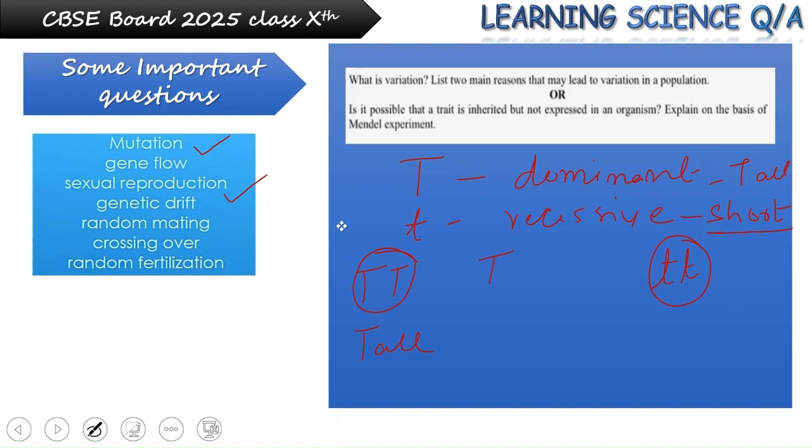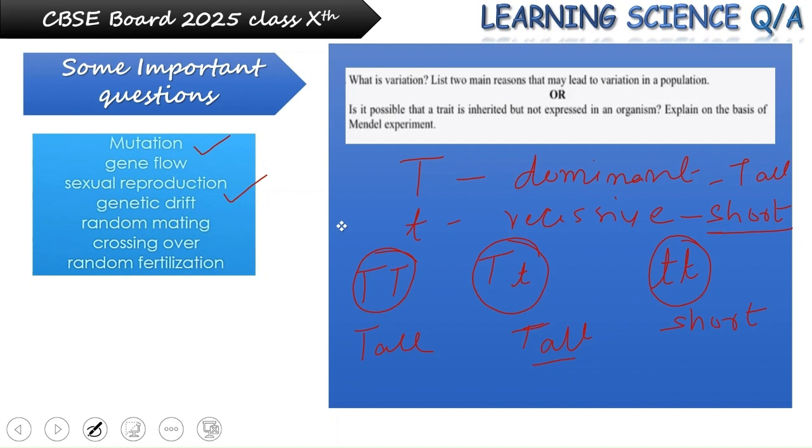Also, there is one more case, where one capital T and one small t are present in one individual, and this individual will definitely be a tall one because we have already discussed that capital T will be expressed irrespective of its number. So, small t will need two copies to get expressed, whereas capital T will be expressed even if it is in one copy.